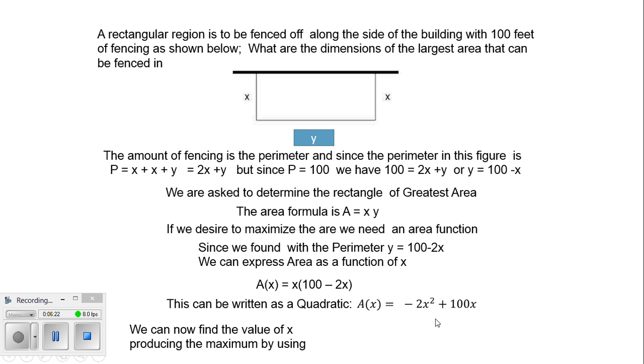Negative B over 2A would find us our high point, which would be 25. Since 25 is the value of X, we come back to the equation Y equals 100 minus 2X, so Y is equal to 50.